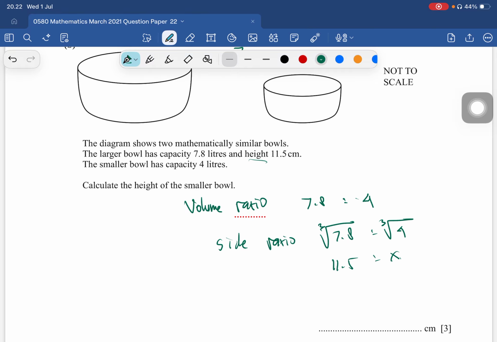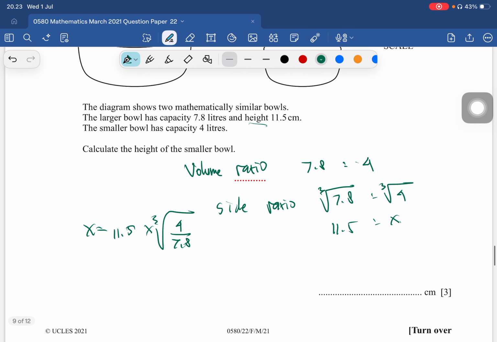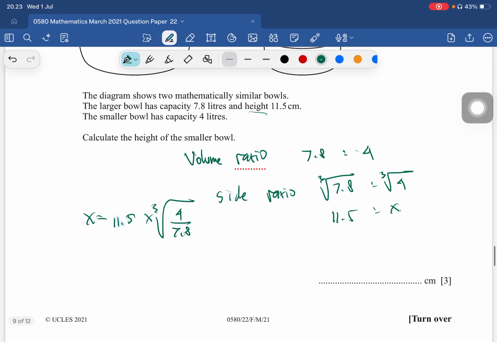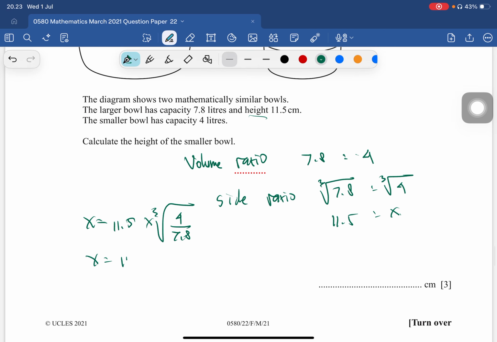So to find x, this is 11.5. Then we multiply by cube root of 4, we divide by 7.8. Okay, so here x equal to 11.5 and we need to find the cube root.